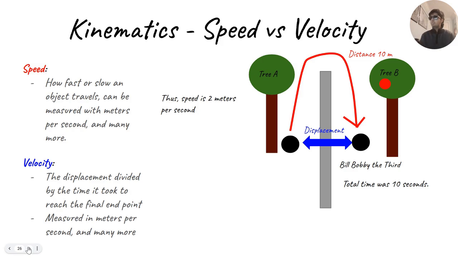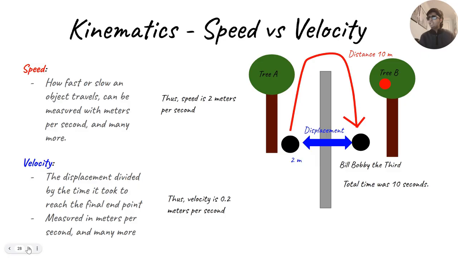Alright, now what about velocity? Well, let's say that the displacement was 2 meters. Now all we do to determine velocity, we take our total displacement and divide it by time. So 2 divided by 10 is 0.2. So the velocity is 0.2 meters per second, which is a lot smaller than speed if you think about it.